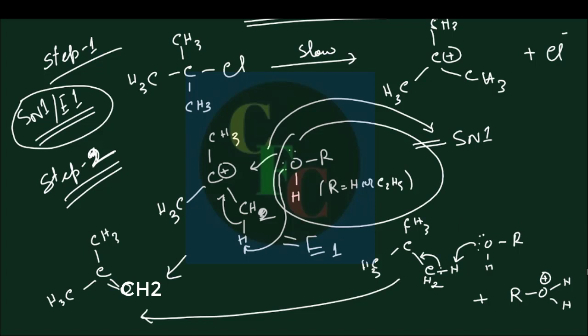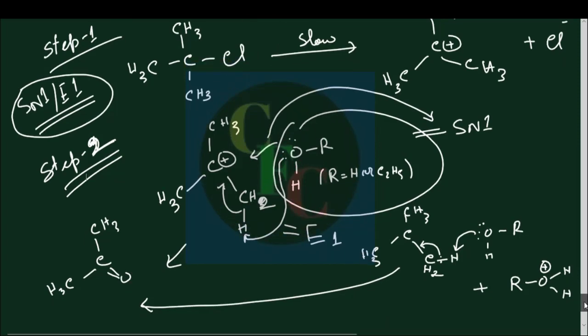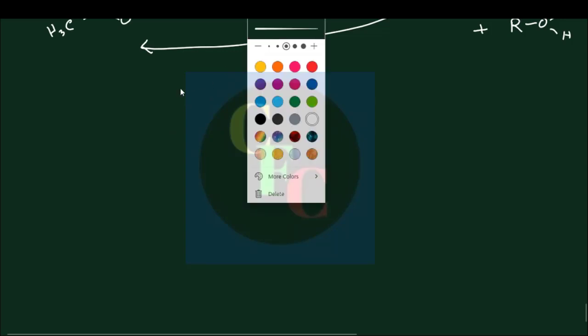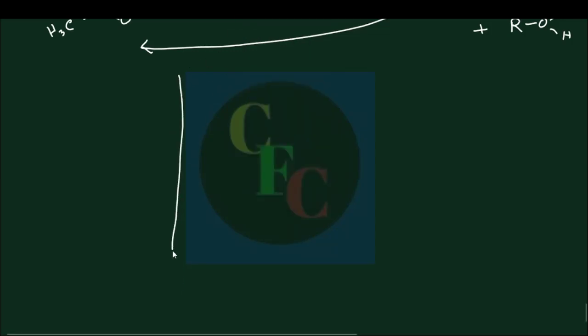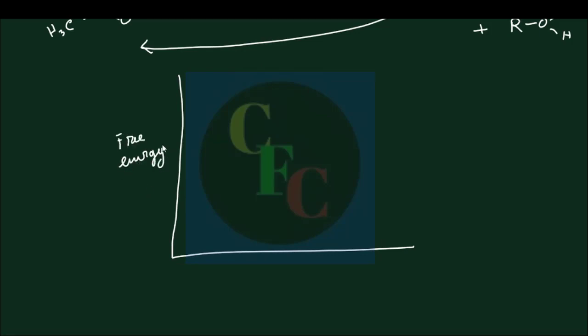And the free energy diagram will be the same as that of SN1, right? So the free energy diagram will look like this. It will be free energy. This is a good practice, to always label the coordinates.